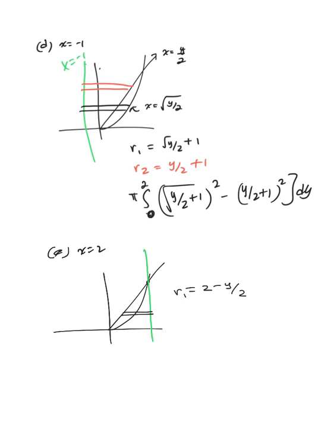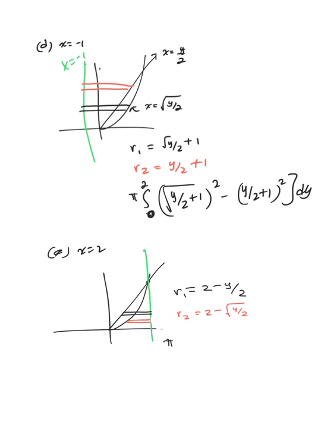R2, the inner radius, is going to be 2 minus the square root of y over 2. So the formula is the same.